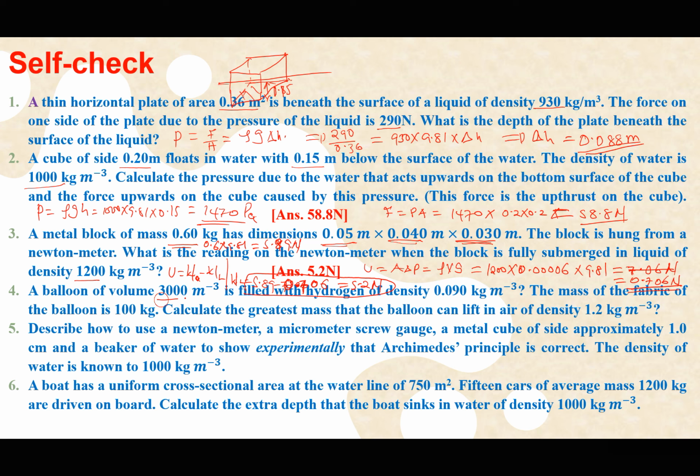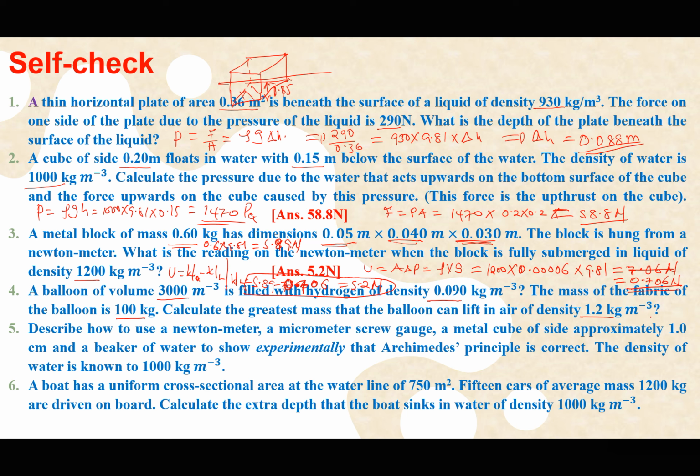A balloon of volume 300 meters cubed is filled with hydrogen of density 0.09. The mass of the fabric is 100 kilograms. Calculate the greatest mass that the balloon can lift in air of density 1.2 kilograms per meter cubed.